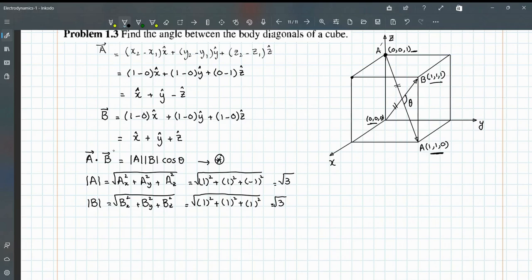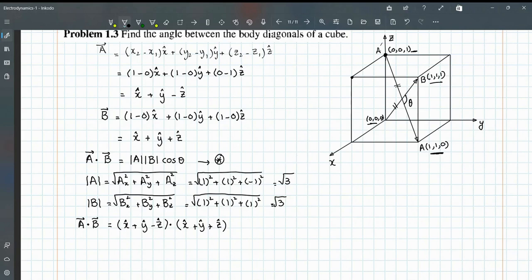The second thing is to take the dot product between vectors A and B. So A dot B is (x plus y minus z) dot (x plus y plus z).